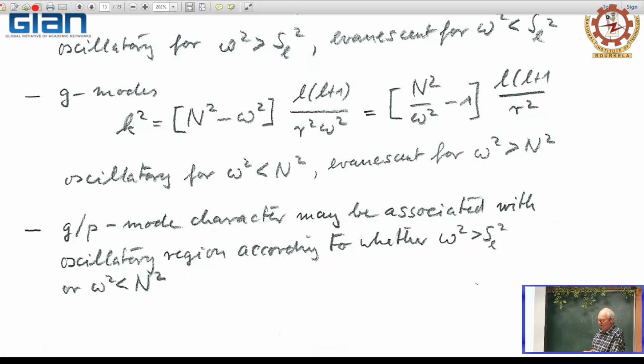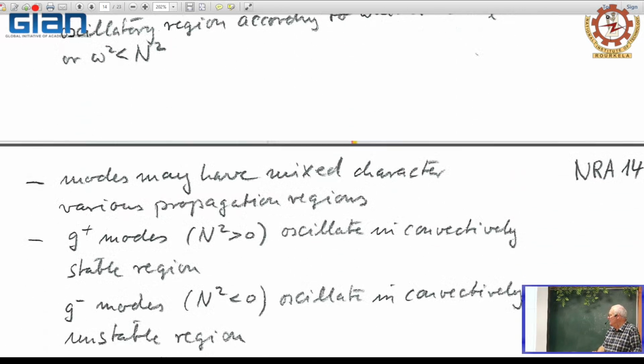That means where we have negative and positive signs of the Brunt-Väisälä frequency. And if we do this, you can discuss the sign of k squared depending on the sign of N squared and omega squared, and you will find the following properties of the G plus and the G minus modes.